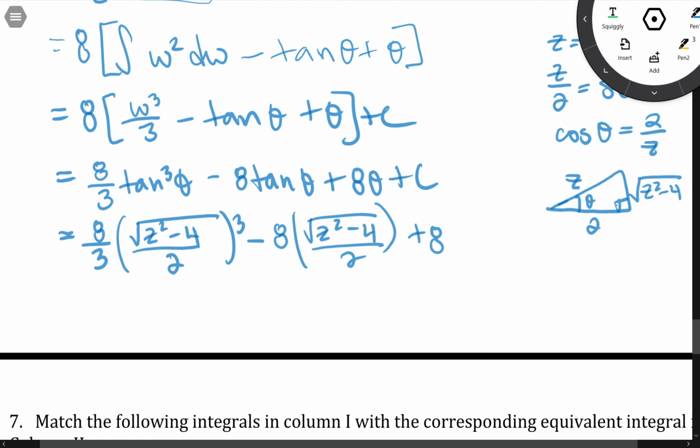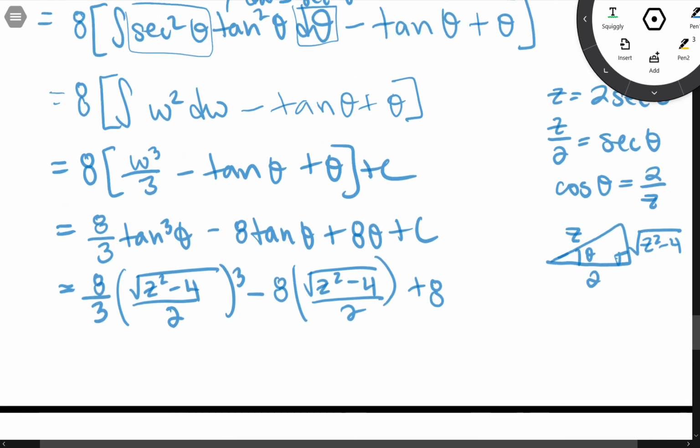And then, okay, if we want to solve for theta, there's more than one way to do it. I'm just going to use the cosine that I had and say that theta is equal to inverse cosine of 2 over z.